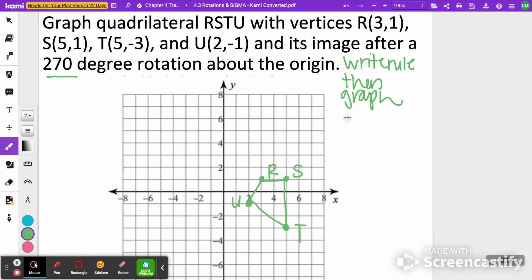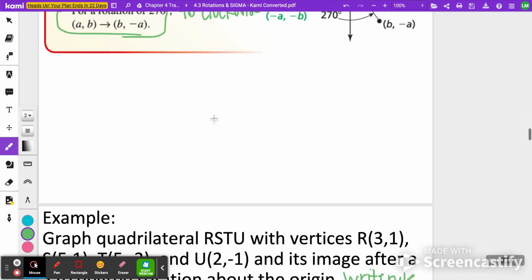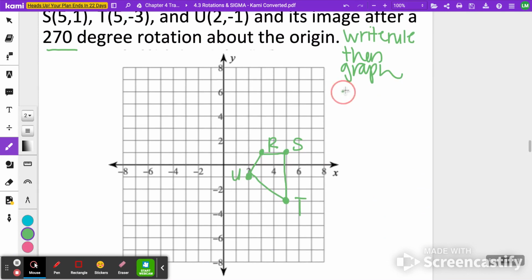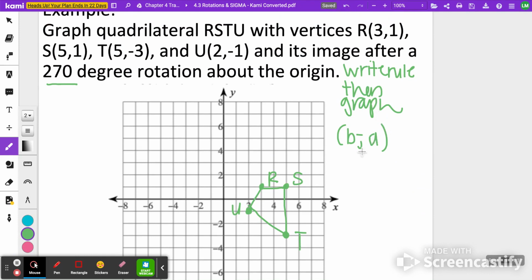Remember our rule from here, 270 is (b, -a). So that means we're going to switch the placement of x and y and make x turn to its opposite. So for R prime, we switch 3 and 1 and make it (1, -3), where 3 becomes negative.